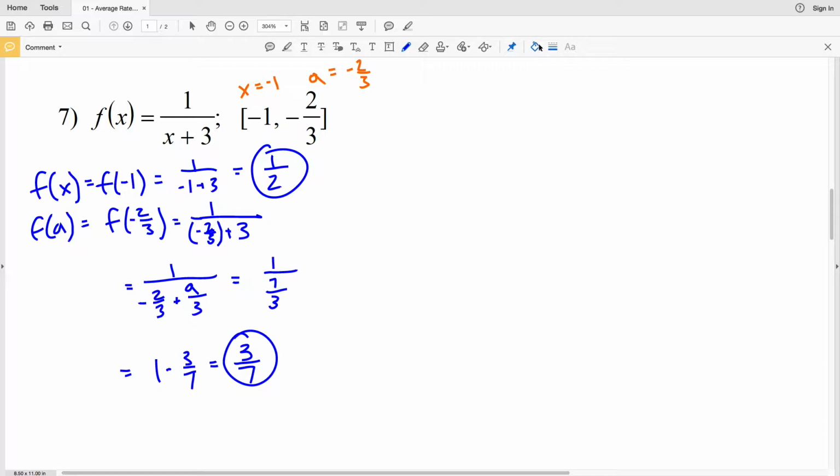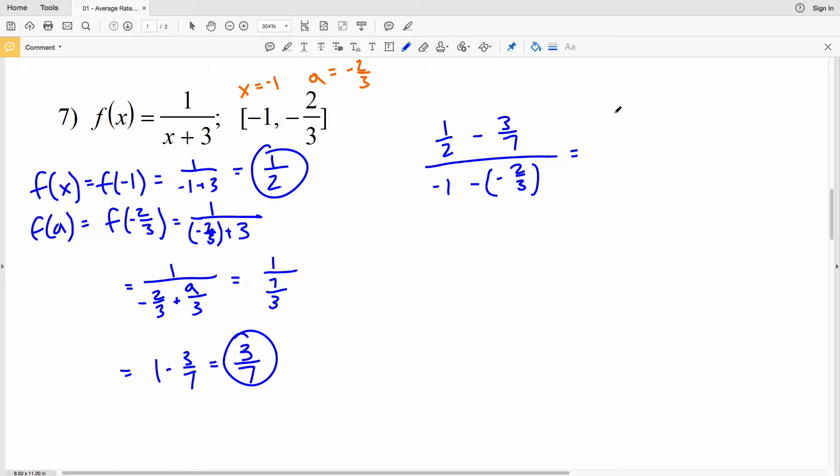Now I'll plug that into my average rate of change formula. F of x minus f of a all over x minus a. So that's 1/2 minus 3/7 all over negative 1 minus a negative 2/3. Simplifying the numerator, finding that common denominator, we'll use 14.